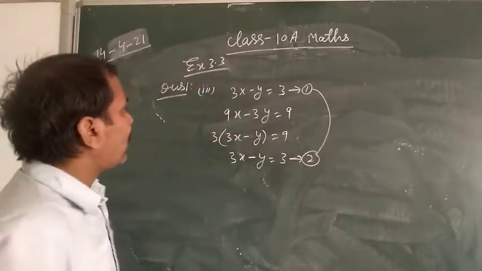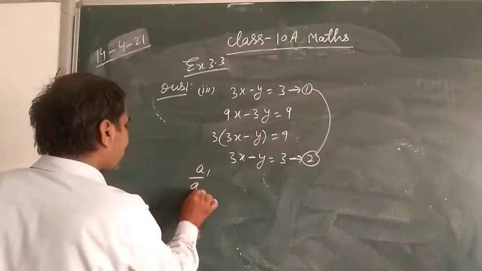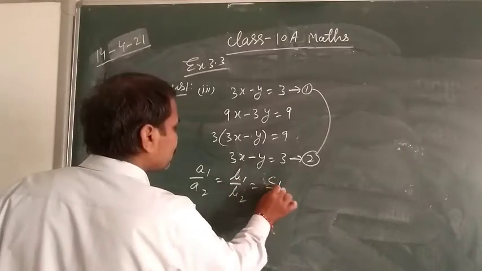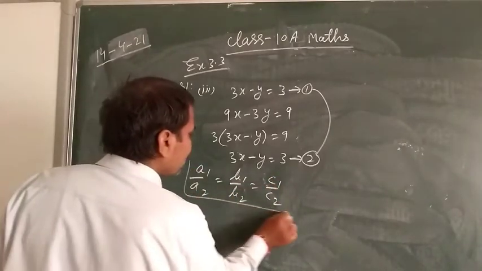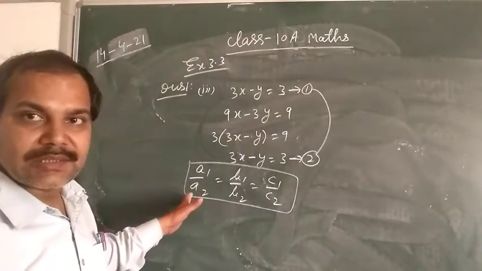Okay. So for that also, you can write the condition: a1 upon a2 equal to b1 upon b2 equal to c1 upon c2. Okay. This is the condition.